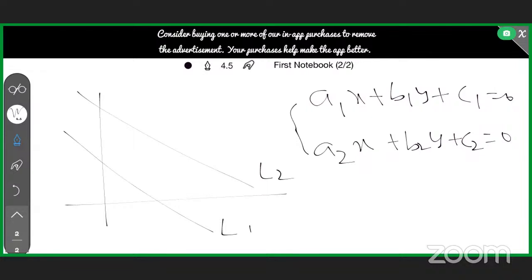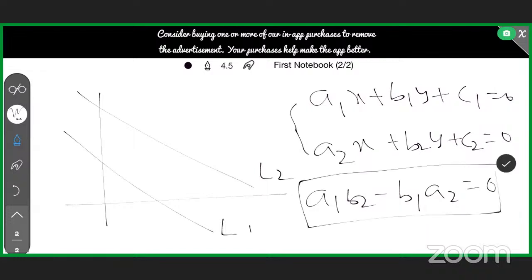For this one, it satisfies the condition A1 B2 minus B1 A2 is equal to 0. When this condition is satisfied, then my two lines are parallel.